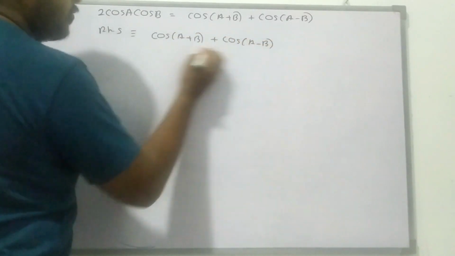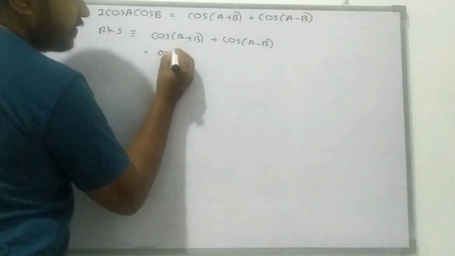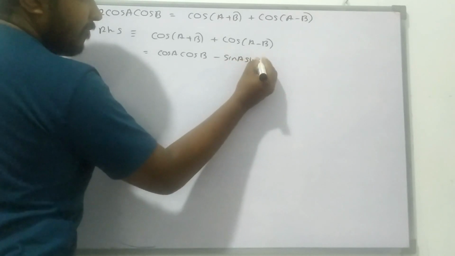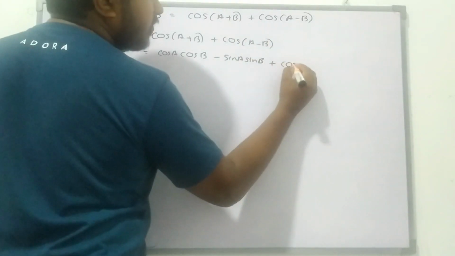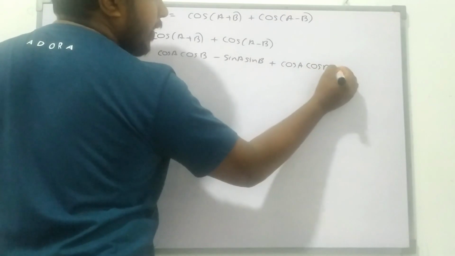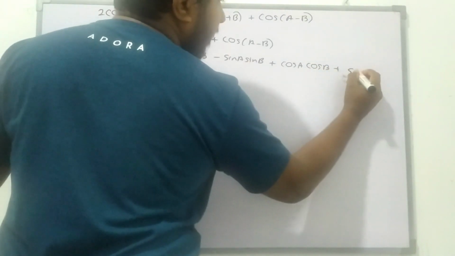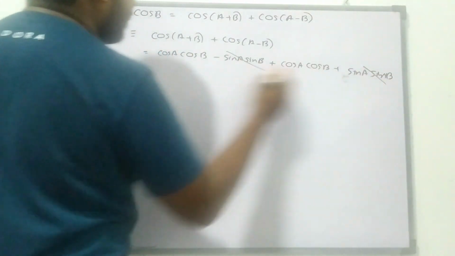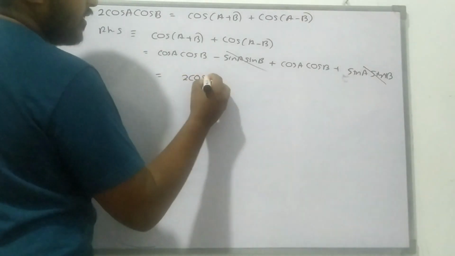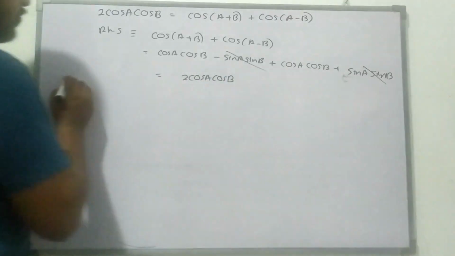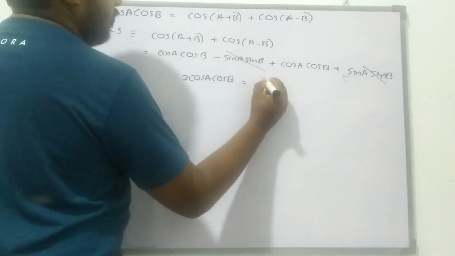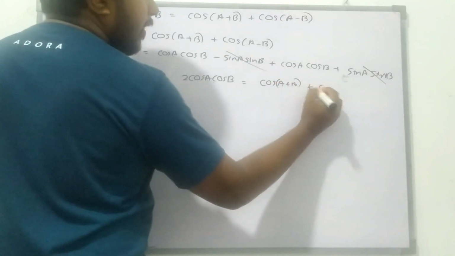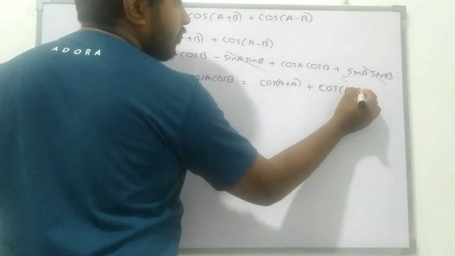So this is basically cos A cos B minus sin A sin B. Over here it's cos A cos B plus sin A sin B. So these two get cancelled. The answer is 2 cos A cos B. So this is basically cos(A plus B) plus cos(A minus B).